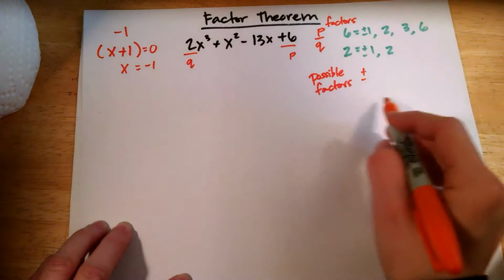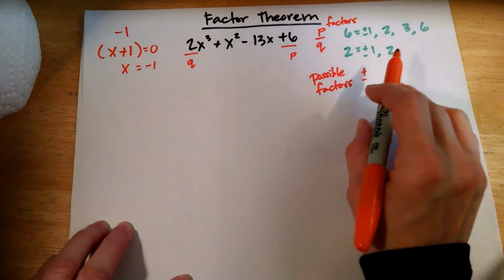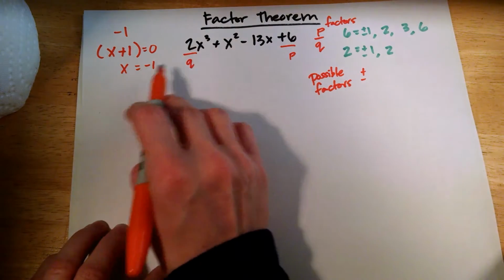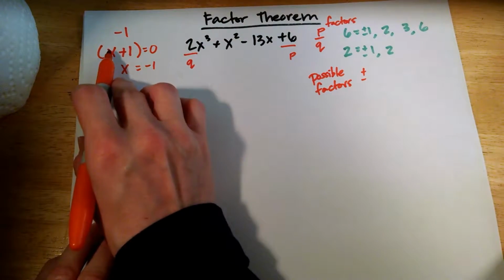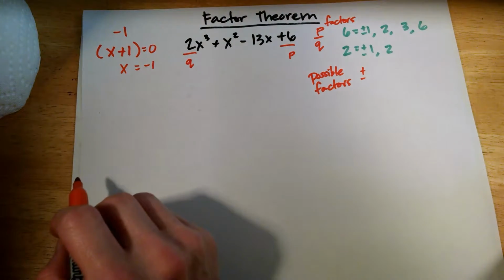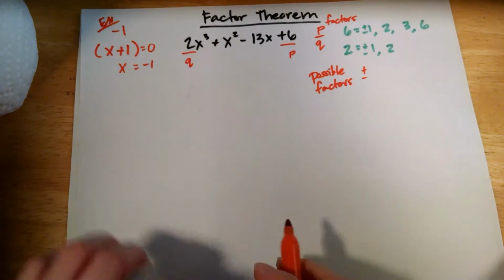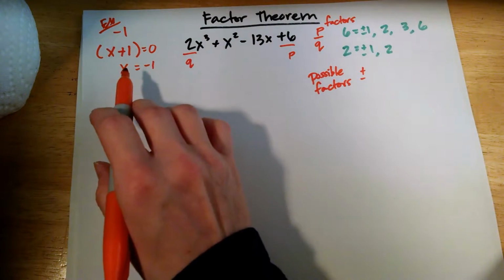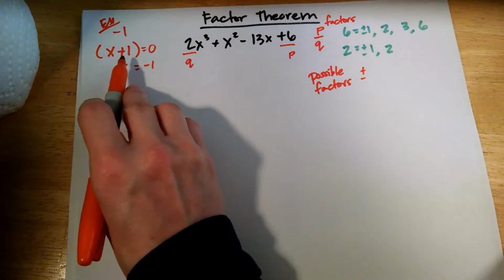So if we find a possible factor, that's what we see right here. X could equal that number. But to write it in a factored form, we need to put it in a binomial. So we're going to change the sign to put it in a binomial form. Okay? So this is an example. If -1 worked of these possible factors, we need to write it like this.